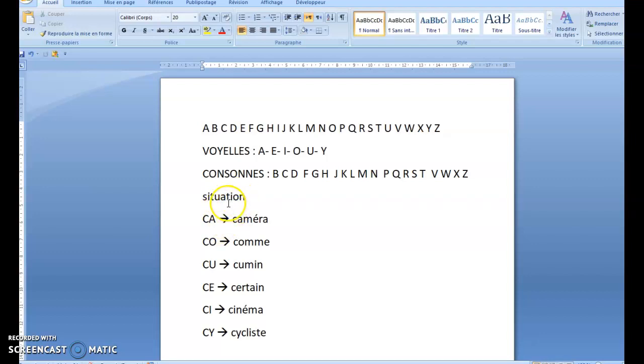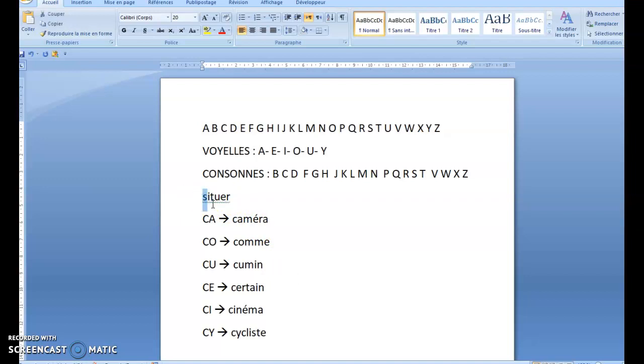T-I-O-N is pronounced like sion, and not tion. Si, bon, on va prendre un autre exemple. Let's take another example. Situé, situated. So at the beginning, we always pronounce S.